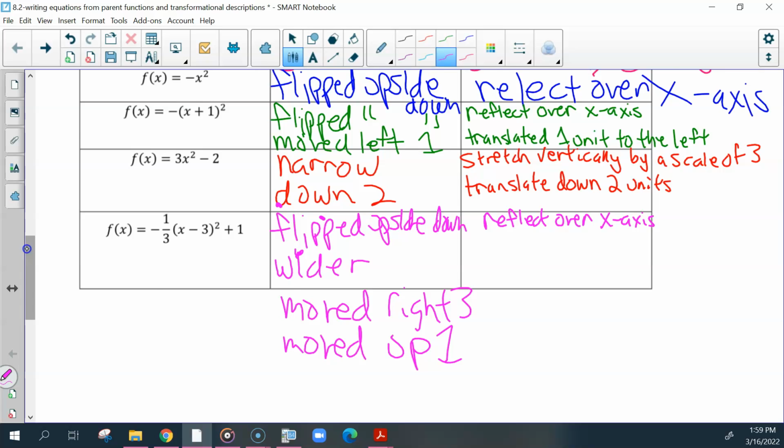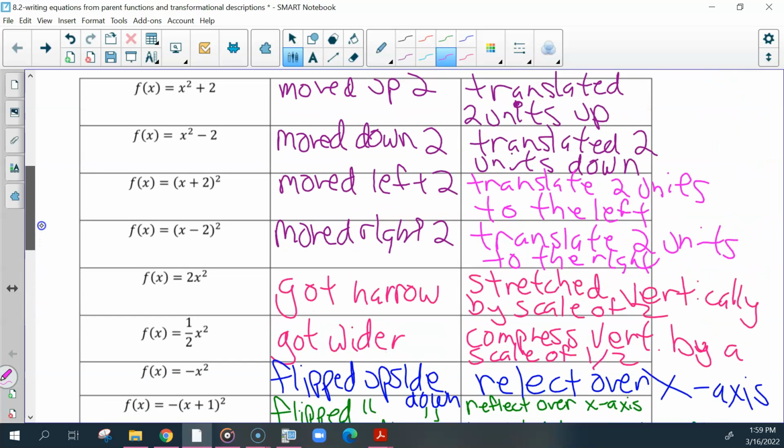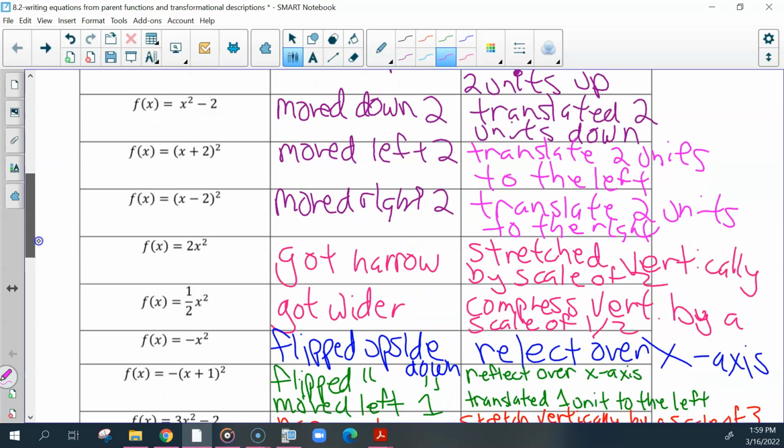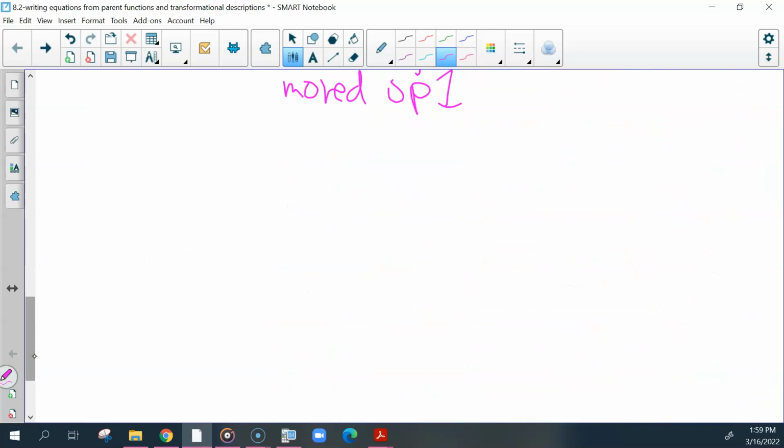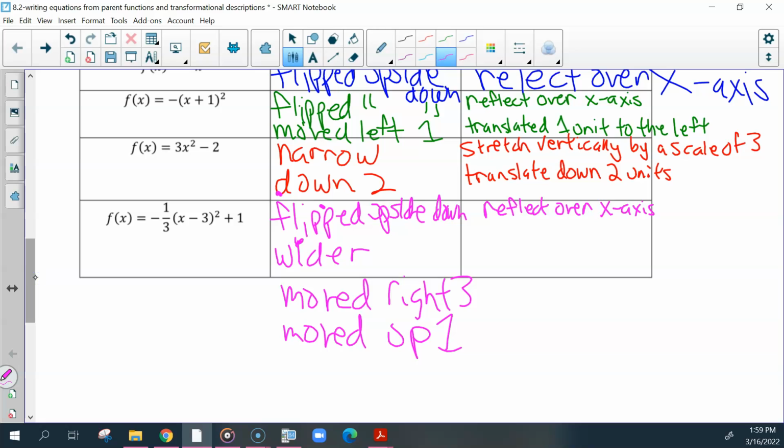For wider, it would be compressed vertically by a scale of 1/3.